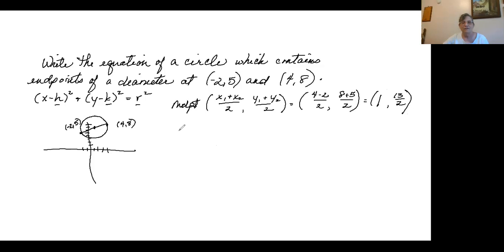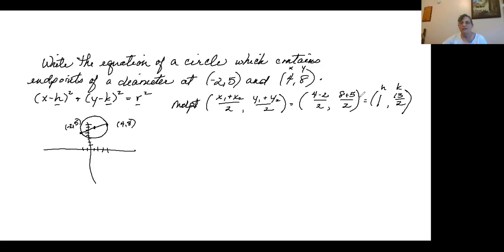The radius is going to be the distance from here to here, but because the circle formula is essentially the distance formula, we can go ahead and pick one of these. Let's say we pick this one to be x and y. And this is of course HK.